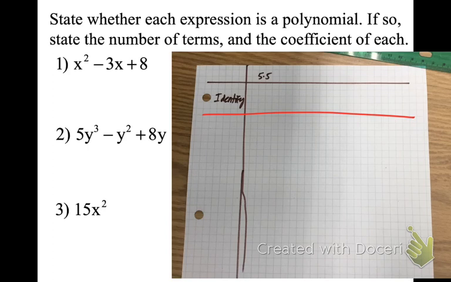Yep. To say if it's a polynomial. Abbreviate those directions. What else are the directions? If it is, say what's the coefficient? How about in order? What's the second direction? How many terms are there? Number of terms. Abbreviate that.